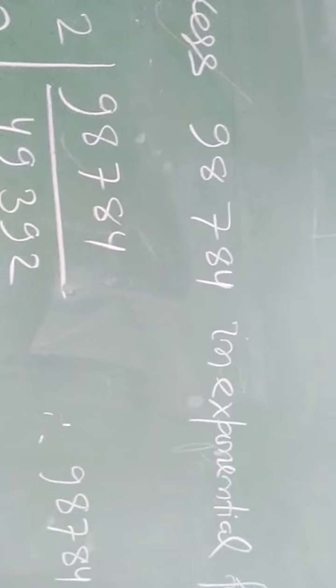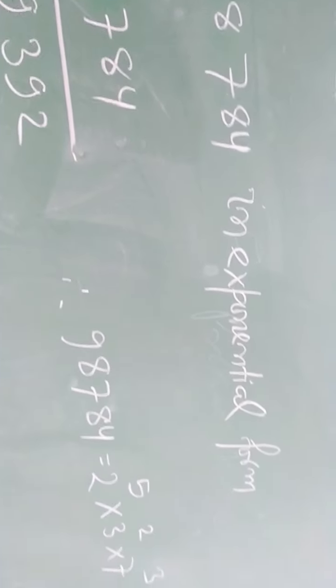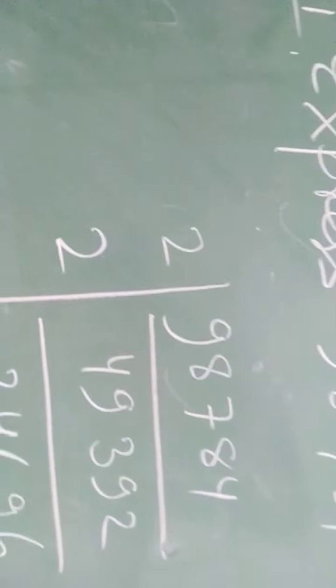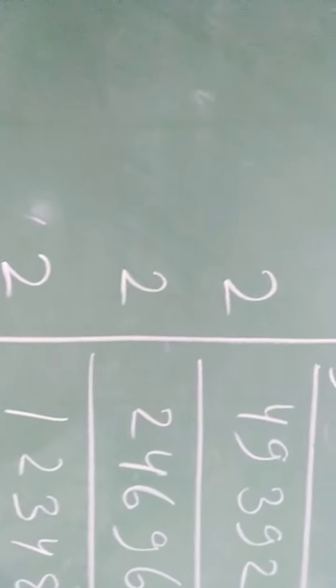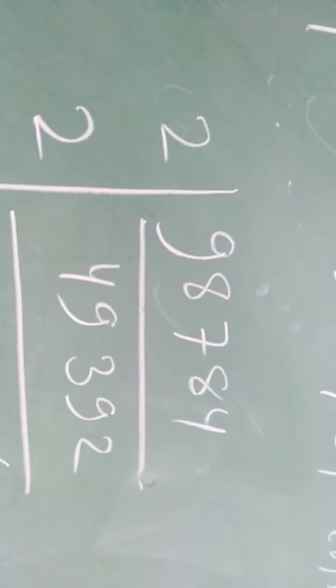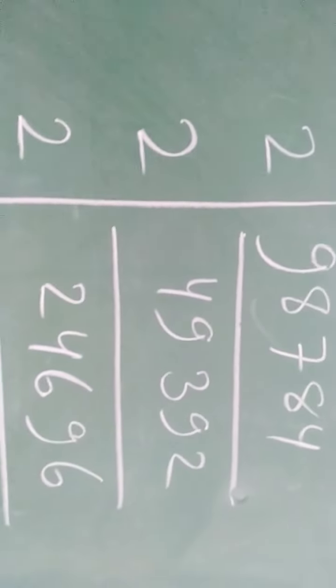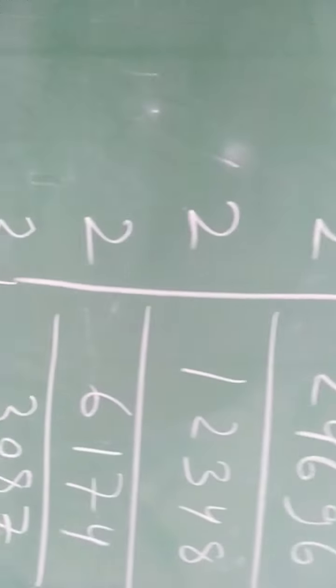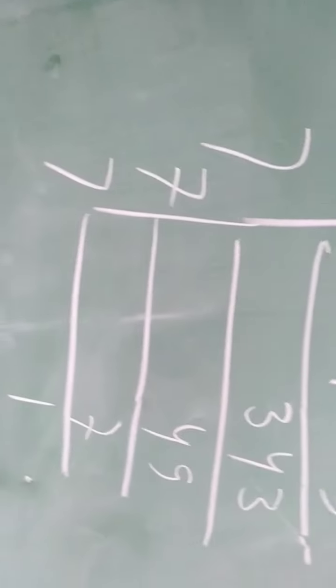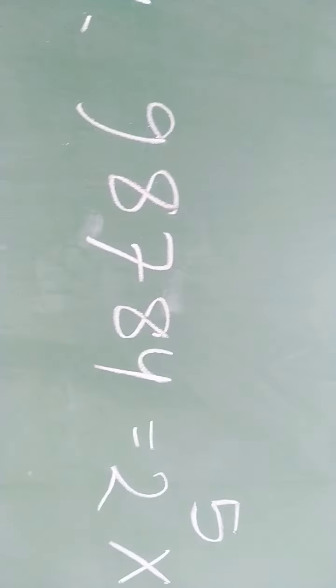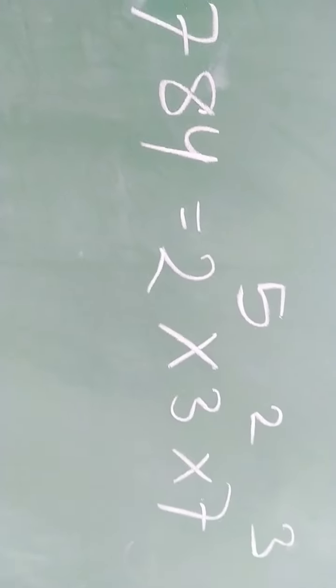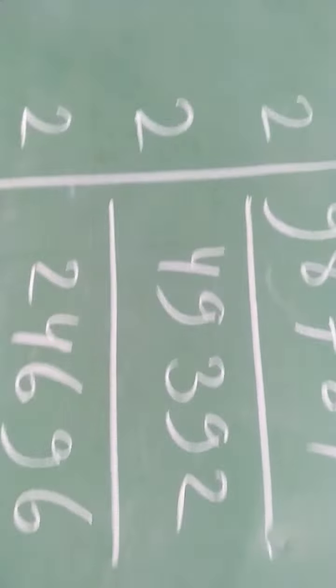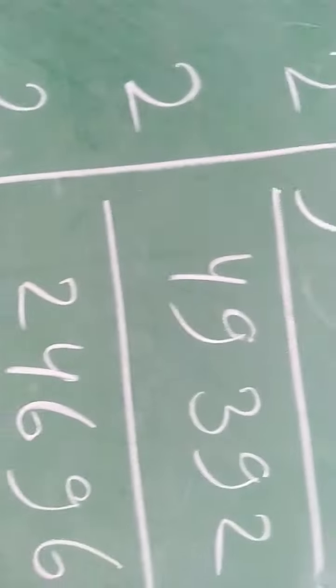Now question number 1: express 98784 in exponential form. So we can prime factorize 98784: 2 common, 49392. In this way we factorize this, and we write 98784 is equal to 2, 5 times.